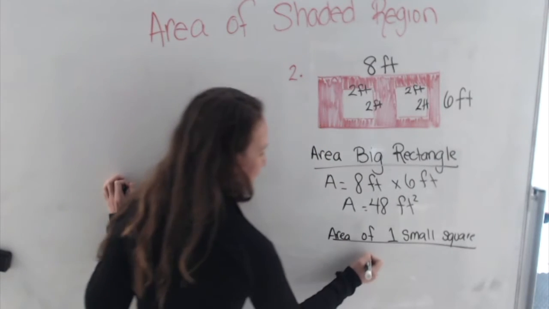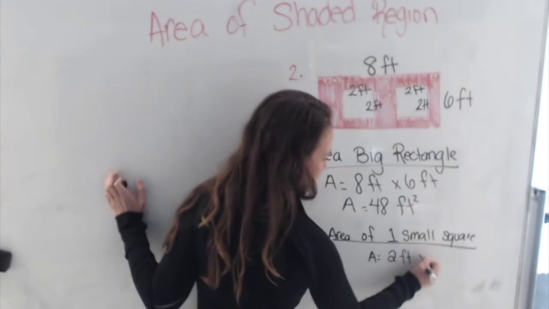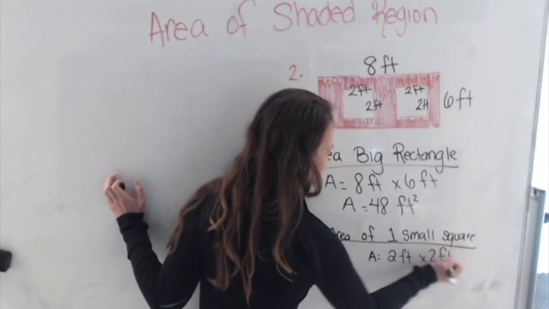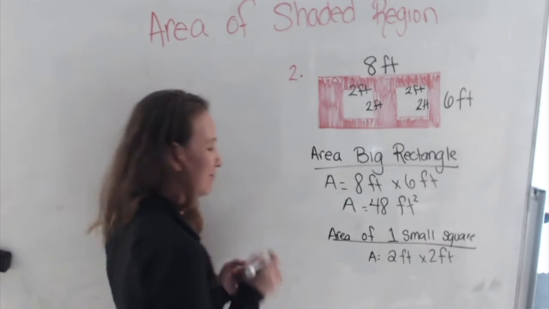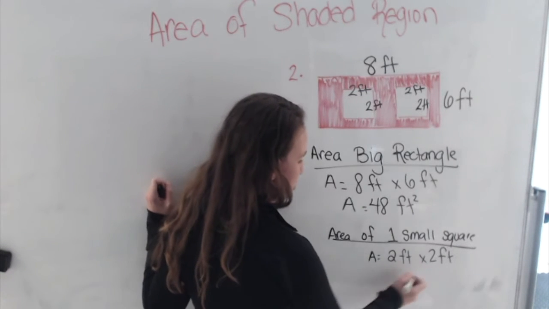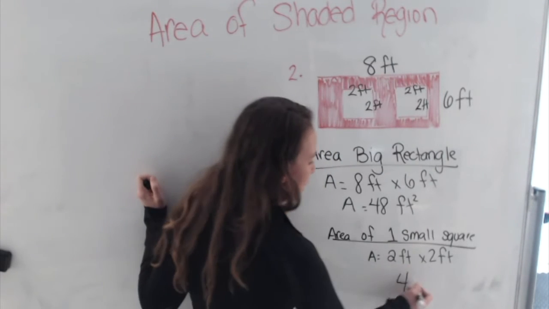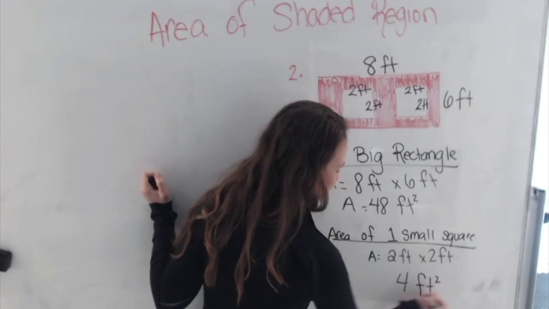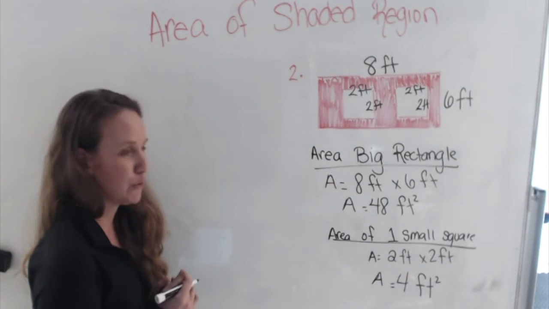So I have area is 2 feet times 2 feet, because it's the same, it's a square. So 2 feet times 2 feet, 2 times 2 is 4, and feet times feet is feet squared. So the area of one small square is 4 feet.